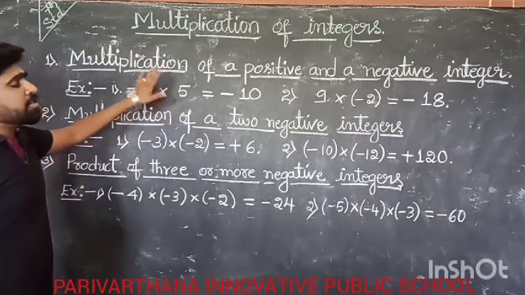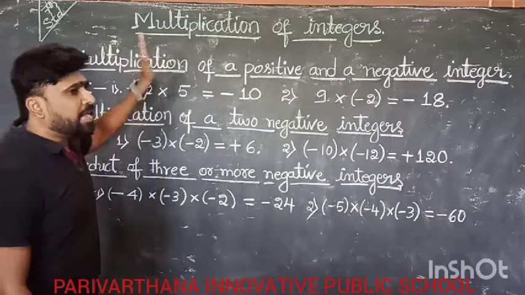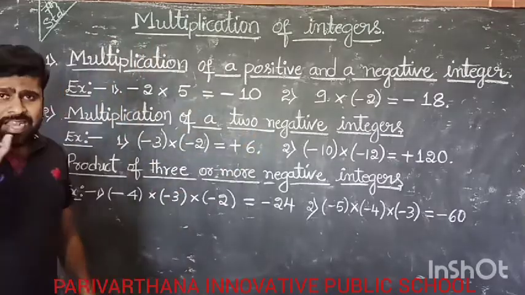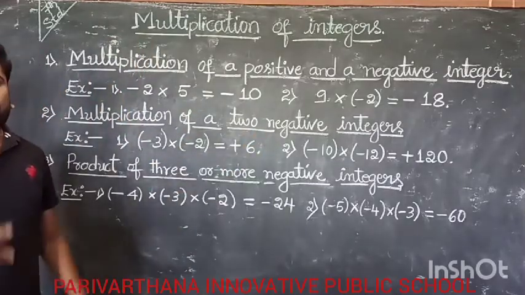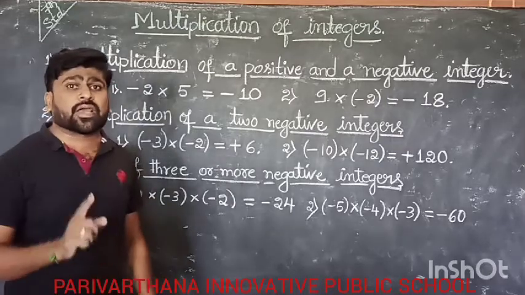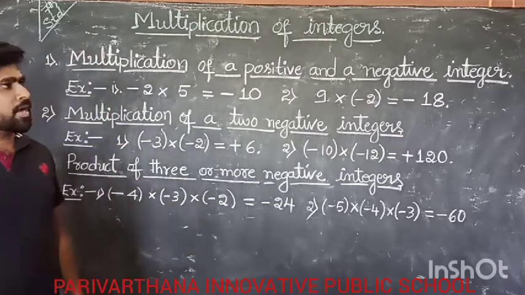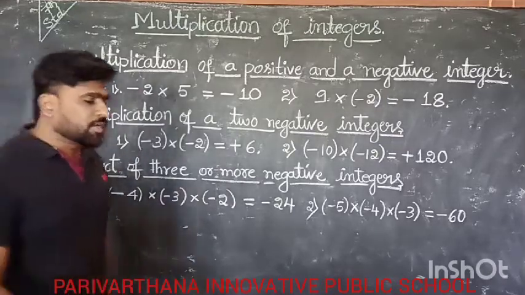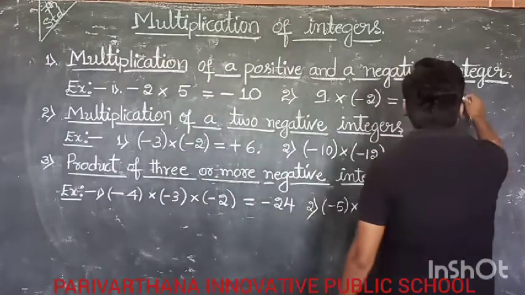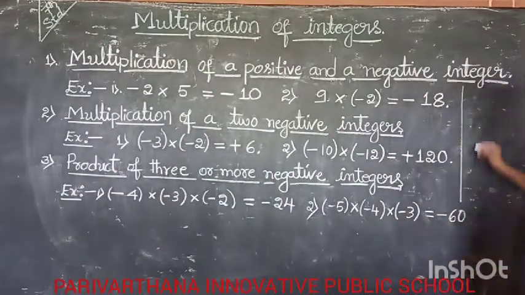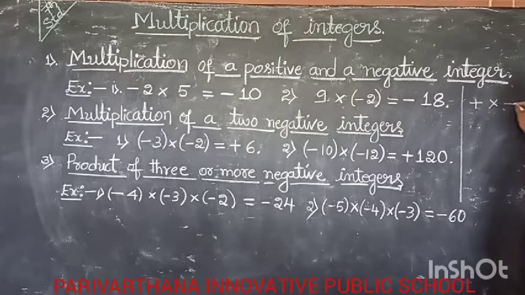Regarding the multiplication of a positive and a negative integer, first you have to multiply the symbols. Clear? You already know that in multiplication, plus into plus is plus. It is very basic.